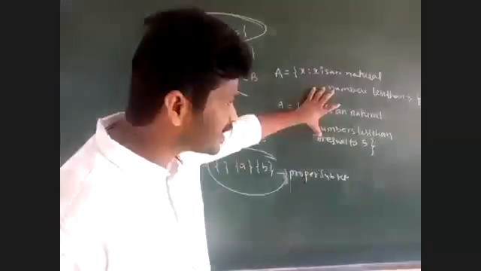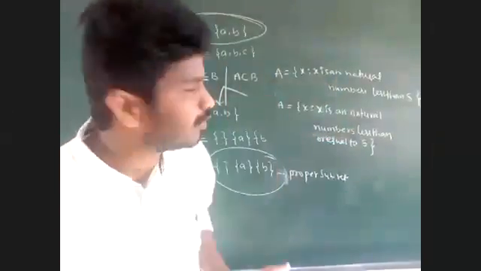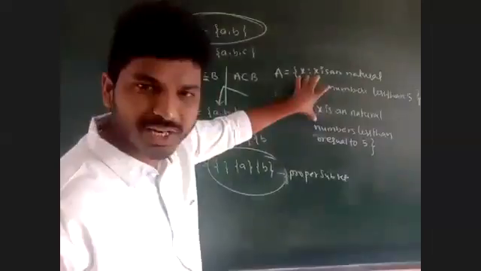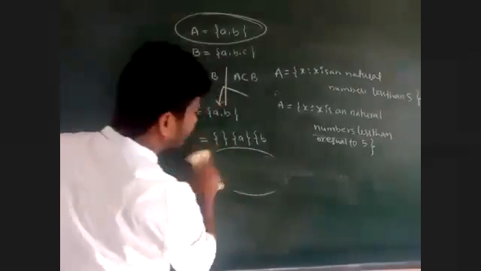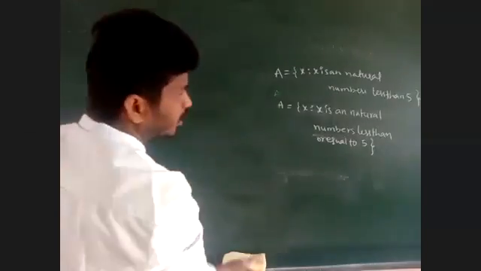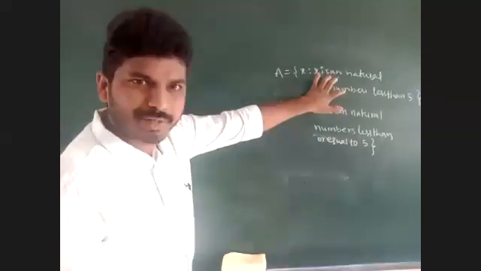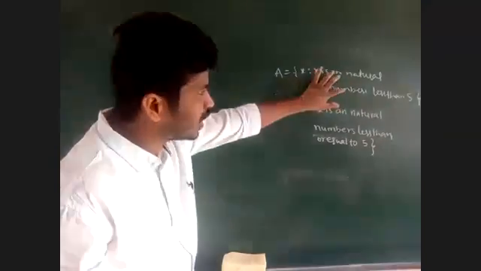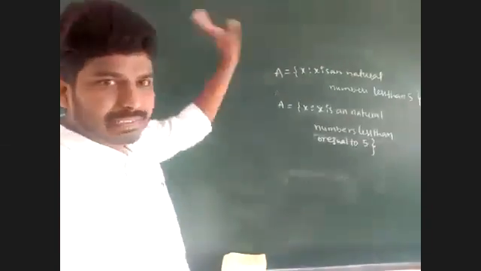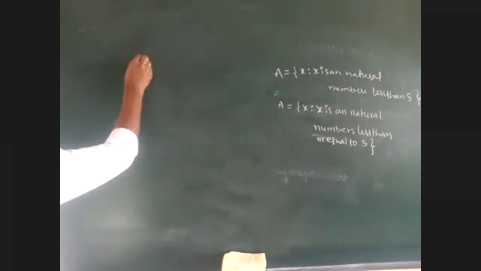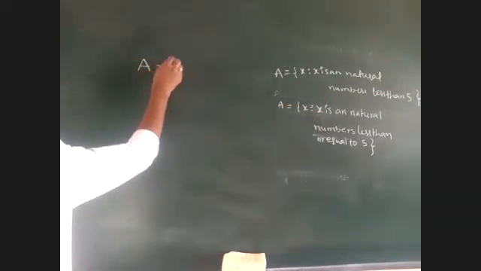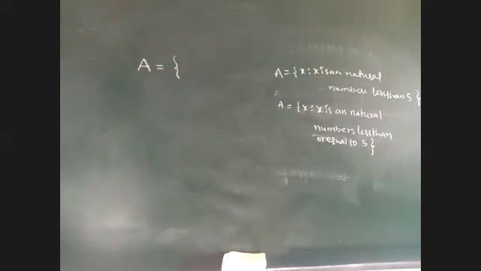These statements should be written in symbolical form. How to write these statements in symbolical form? Actually, this is one statement, right? This statement should be converted to symbolical, mathematical form. Let us consider set A equals x, such that.